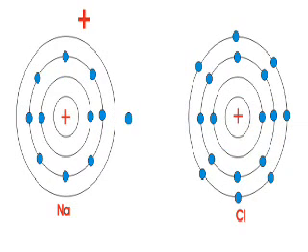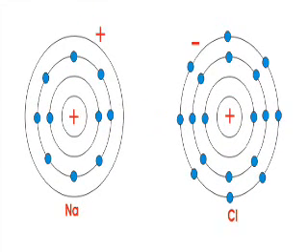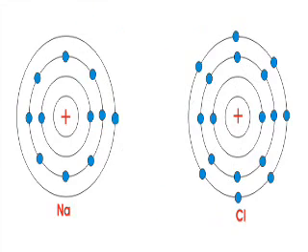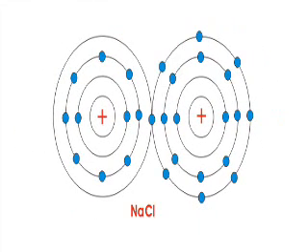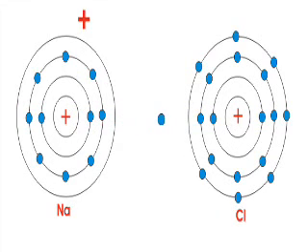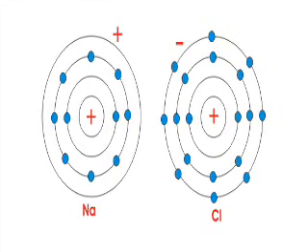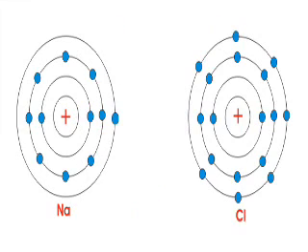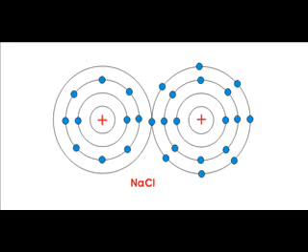So both atoms acquire 8 electrons in their outermost orbit by exchanging these electrons. As the sodium atom is positively charged and the chlorine atom is negatively charged, due to the electrostatic force acting between them, they come together and make one sodium chloride molecule.